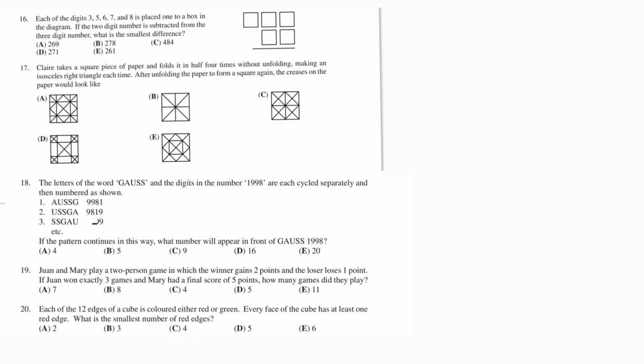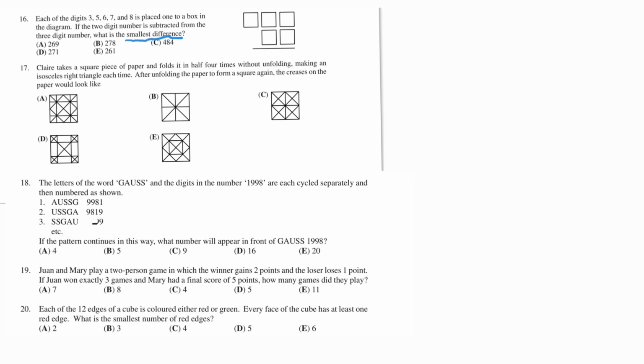Number 16. Each of the digits 3, 5, 6, 7, 8 is placed one to a box in the diagram. If the 2-digit number is subtracted from the 3-digit number, what is the smallest difference?